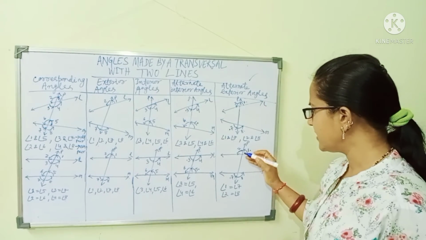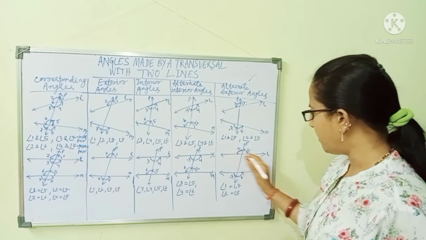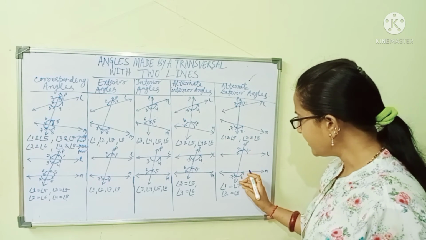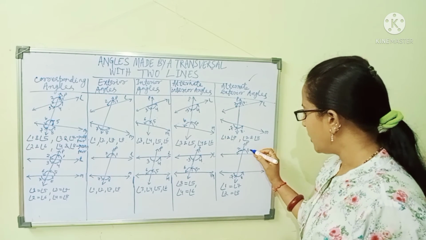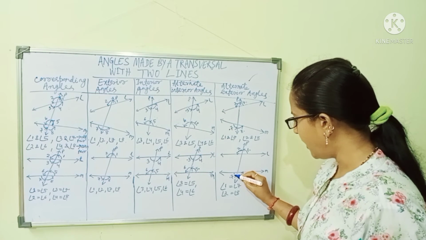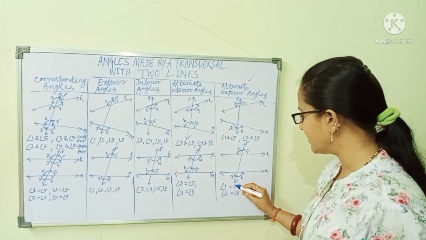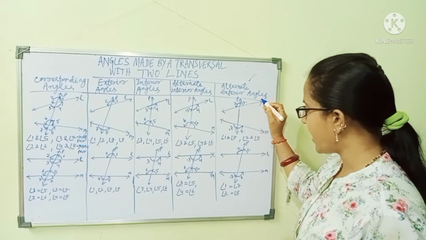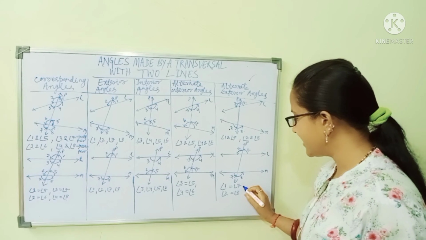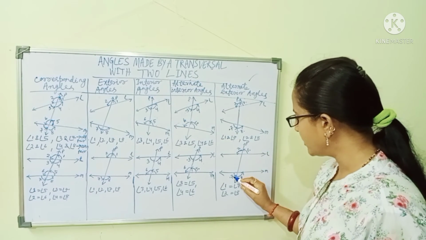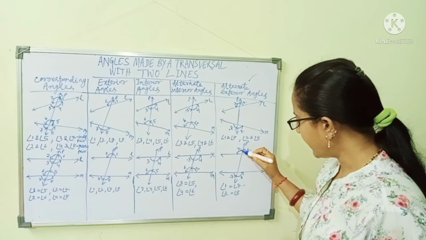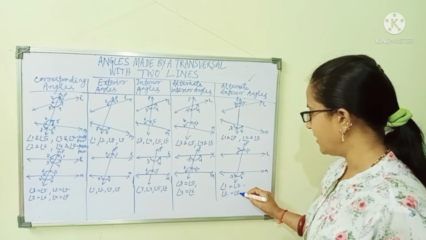But when we consider L and M as parallel lines and P as the transversal line, then the alternate exterior angles 1 and 7 are always equal. So 1 is equal to 7, and the second angle is equal to the eighth angle.